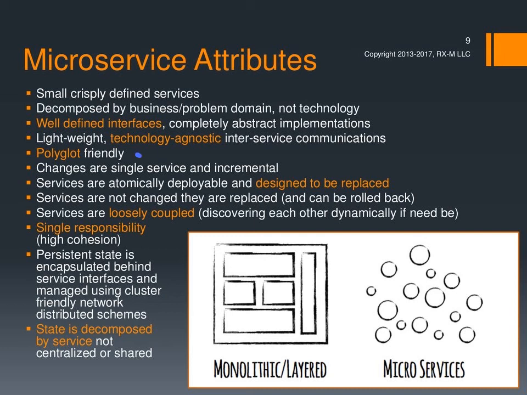They're polyglot friendly, so you can use the right language for the job. I mean, too much polyglotism is a bad thing, of course. You want to be able to switch developers between teams and have cross-pollinating knowledge and things like that. But you don't want to have front-end developers having to use C++ either. So polyglot friendly is a real big win.